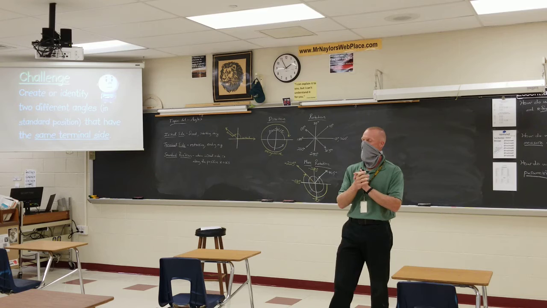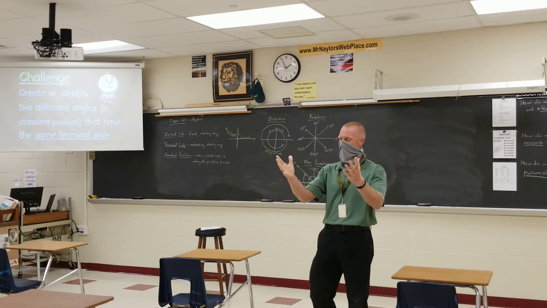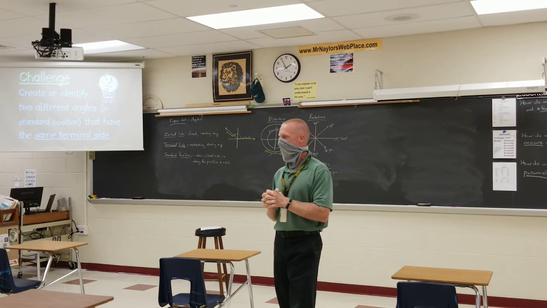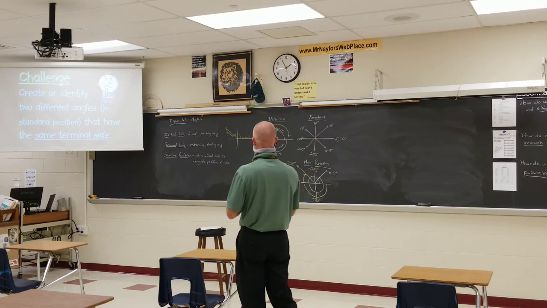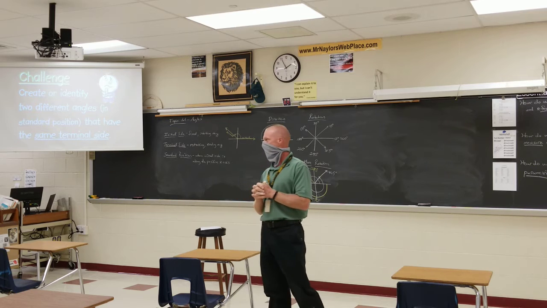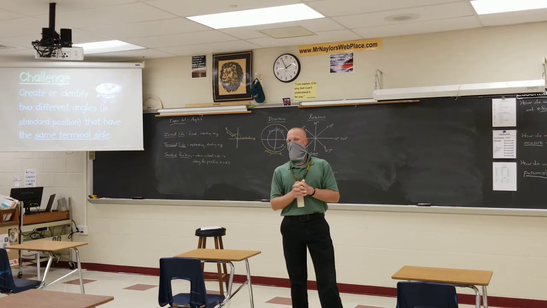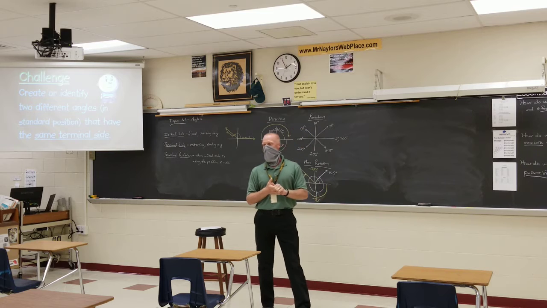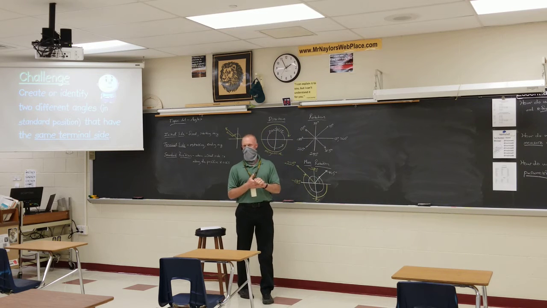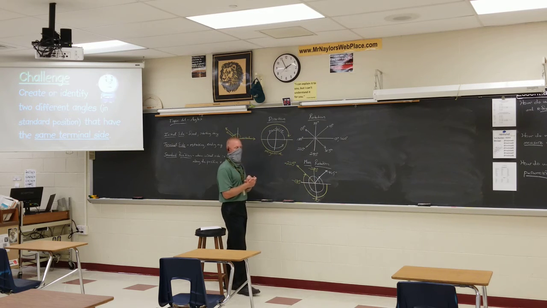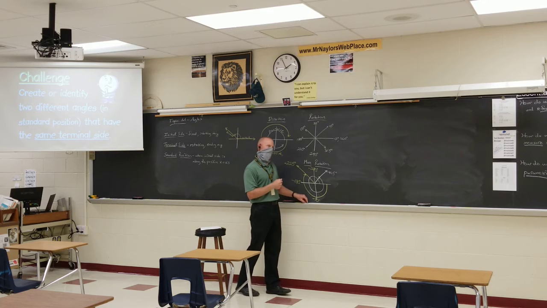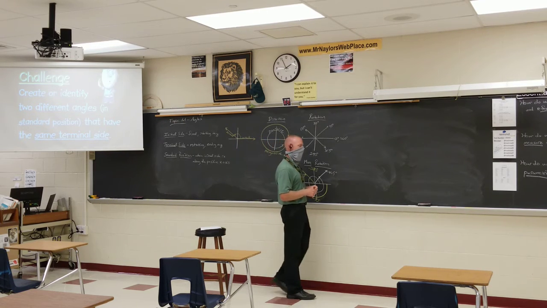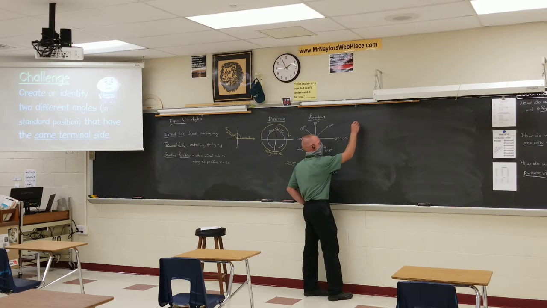How could you create two different angles? They're different, but they have the same terminal side. Now, if there were students in class at this time, I would take some volunteers. And one of the most common responses is that there'll be someone that noticed that this angle I drew, this 405 degree angle, could also be described with the same terminal side.